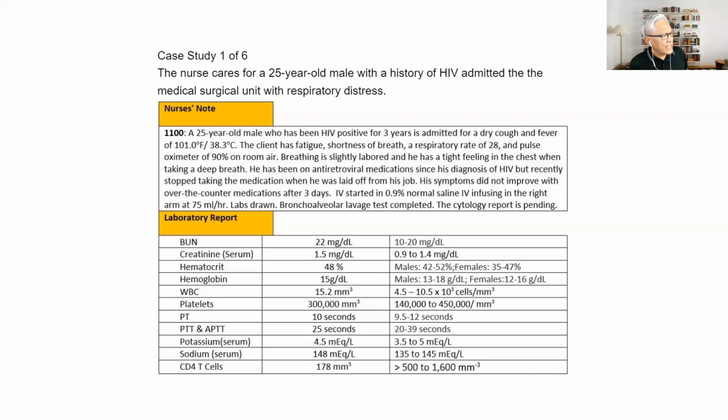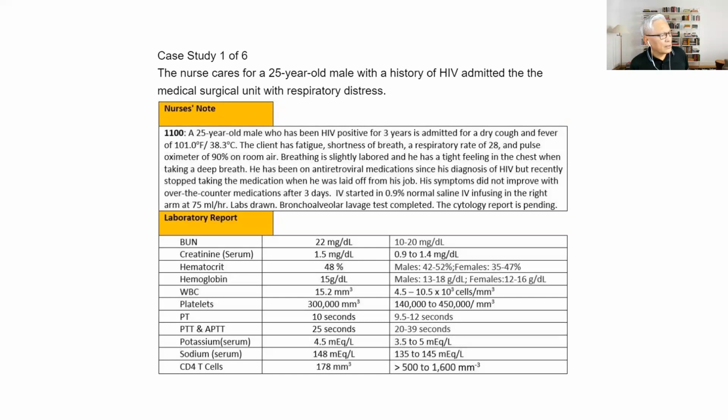The client has fatigue, shortness of breath, respiratory rate of 28, pulse ox of 90% on room air. Breathing is slightly labored, and he has a tight feeling in the chest when taking a deep breath. He has been on antiretroviral medication since his diagnosis of HIV, but recently stopped taking the medication, oh bad boy, when he was laid off from his job. His symptoms did not improve with over-the-counter medications after 3 days.